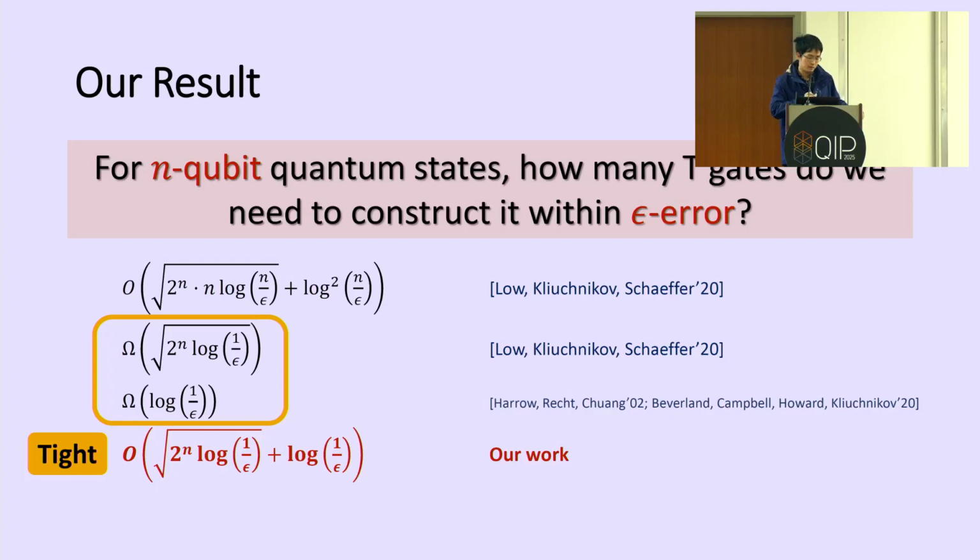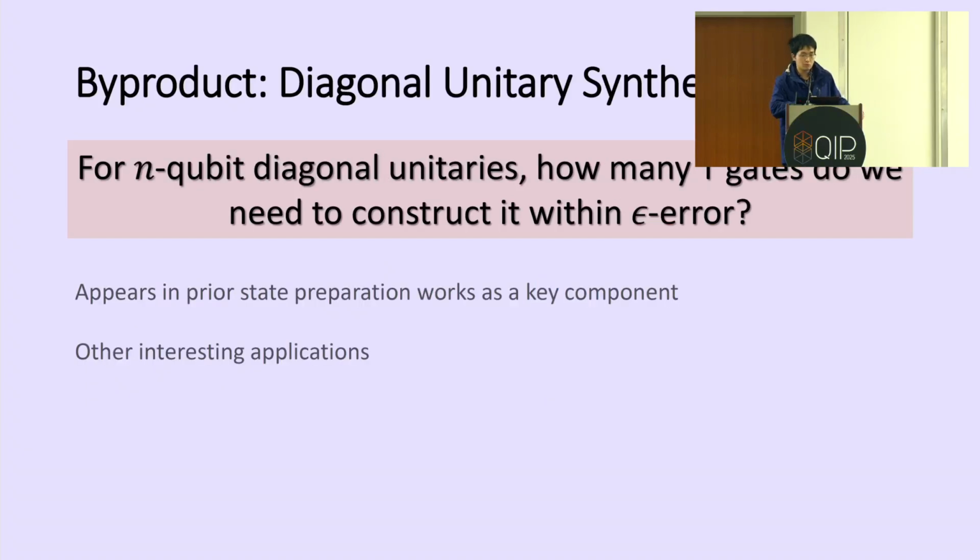Okay, along the way, we also get some interesting byproducts that maybe you will find interesting as well. This is regarding unitary synthesis. In particular, we analyzed the T count for generating diagonal unitaries. So given all kinds of n-qubit diagonal unitaries, how many T gates do we need to construct it within epsilon error, let's say in spectral distance?